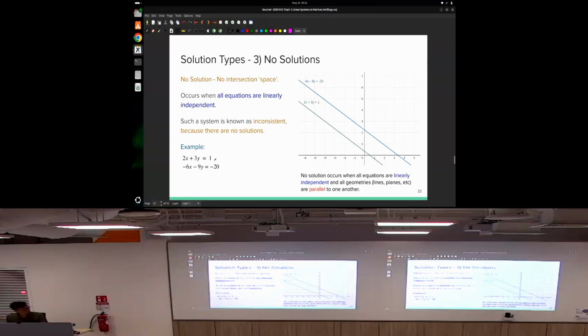In this case, the two equations are linearly independent. They are parallel, but they are not the same line. So when that happens, you do not have any intersection space, so no solutions. No solutions is called inconsistent. It means the system is inconsistent. You cannot solve.